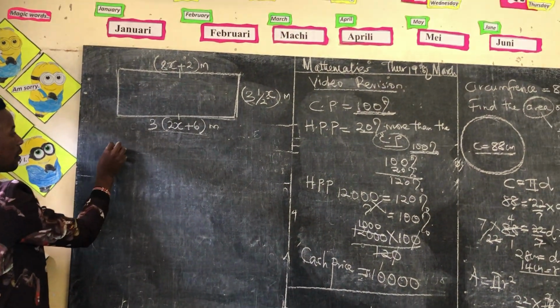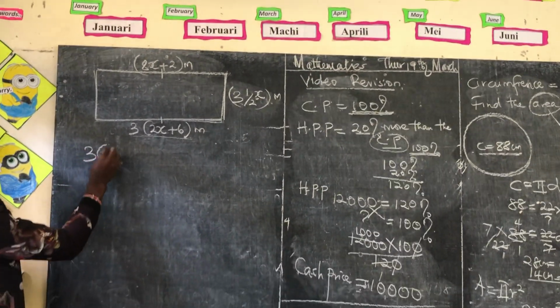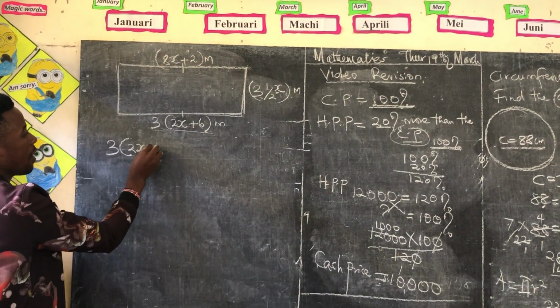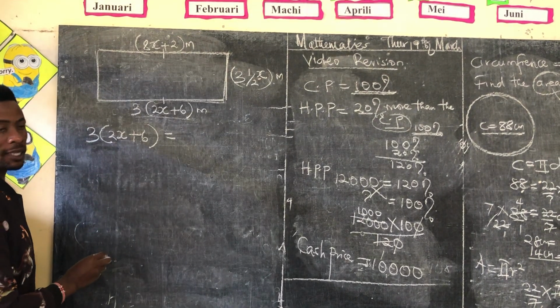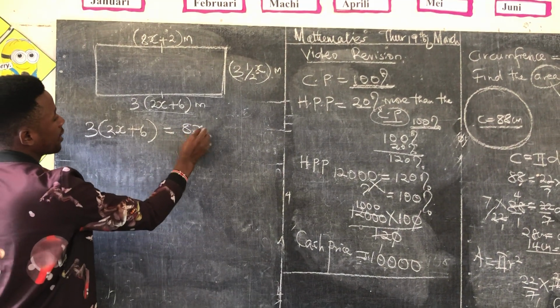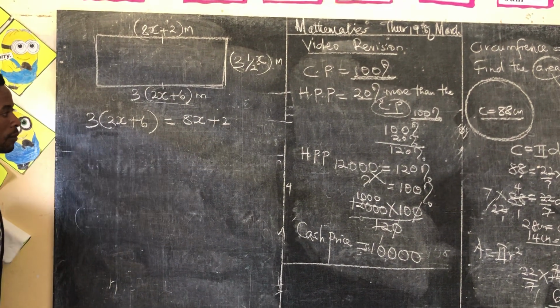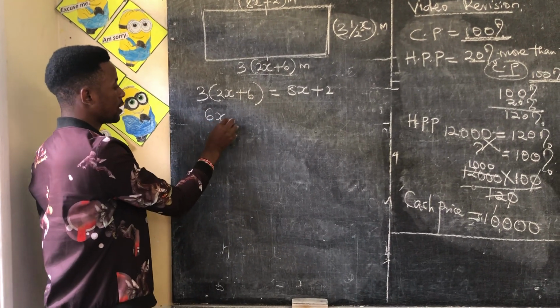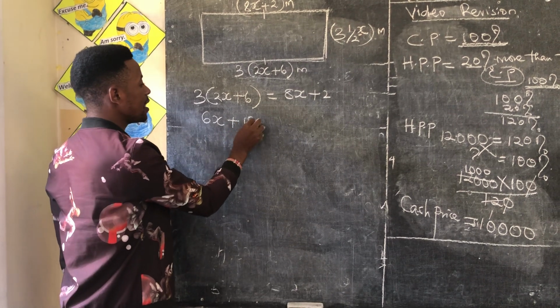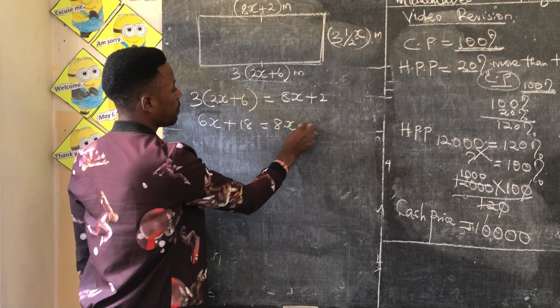So I would form an equation and say 3x into bracket 2x plus 6 is equals to the measurement on the other side, which is 8x plus 2. So when you open the brackets here, this will be 6x plus 18 is equals to 8x plus 2.